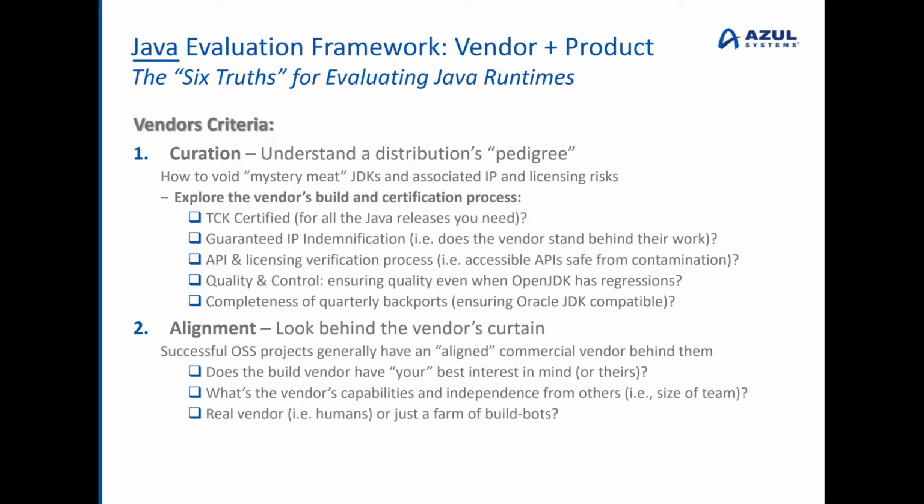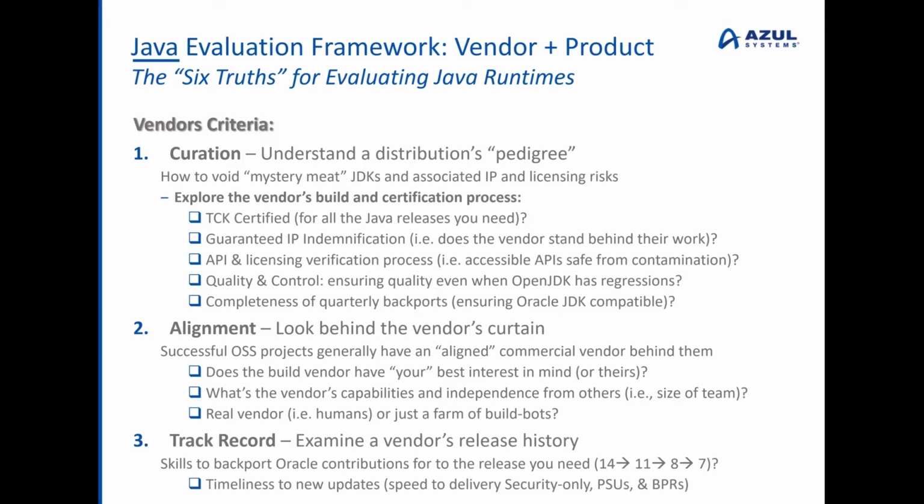Does the vendor have a sizable, critical-mass Java team to actually accomplish that? Or is that vendor dependent on what other people do in the Java source code, and they simply build from the source code but don't contribute? So is your vendor of choice a real set of human beings doing active work, or are they just a farm of build bots that are dependent on other people in the Java community to ensure that changes are backported on a timely basis?